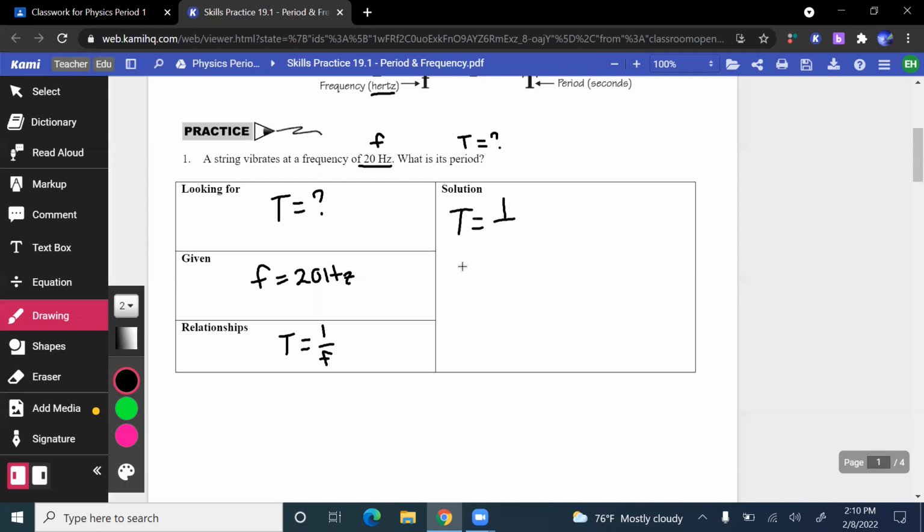To show your work, we're going to plug in 1 over 20, but in our calculator, we're going to go 20 inverse. So have your calculator ready as you do these exercises. 20 inverse, and we get a period of 0.05 seconds.